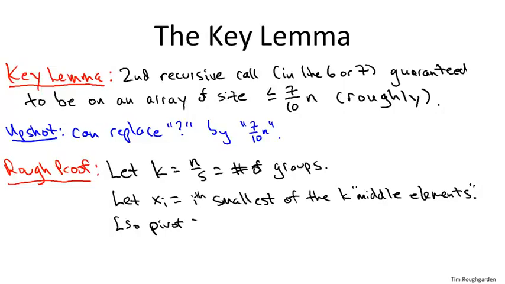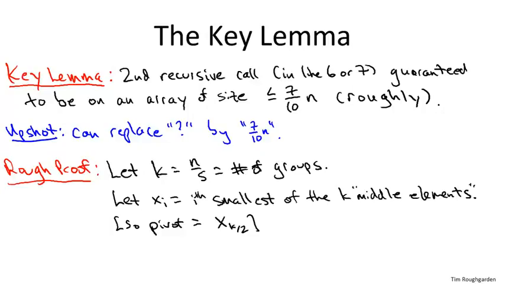So let's remember what we're trying to prove. We're trying to prove that for our proposed pivot, which is exactly this element x sub k over 2, exactly the winner of this 2-round knockout tournament, we definitely get a 30-70 split or better. So what that means is there better be at least 30% of the elements that are bigger than the pivot. That way, if we recurse on the left side in the first part, we don't have to deal with more than 70% of the original elements.